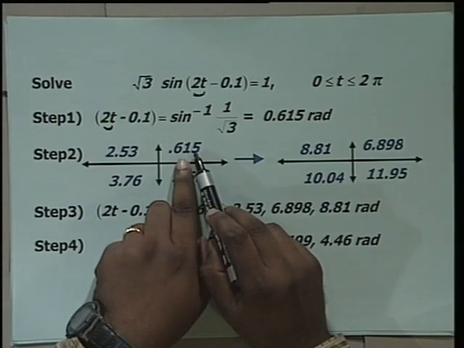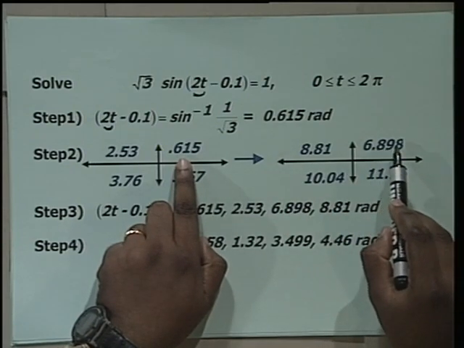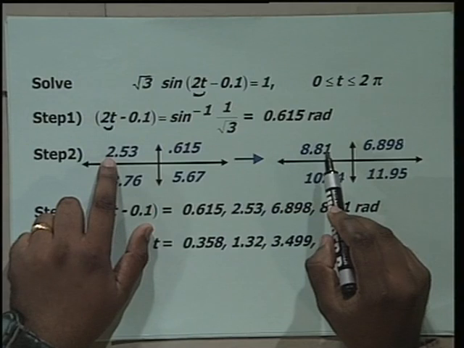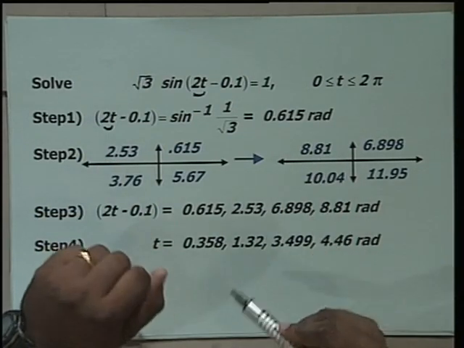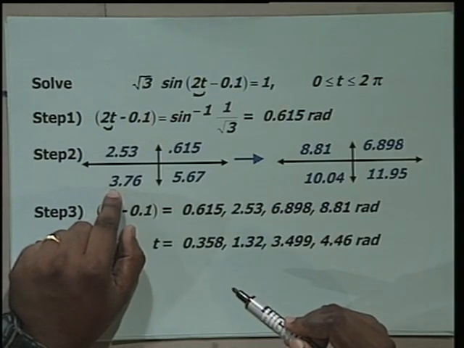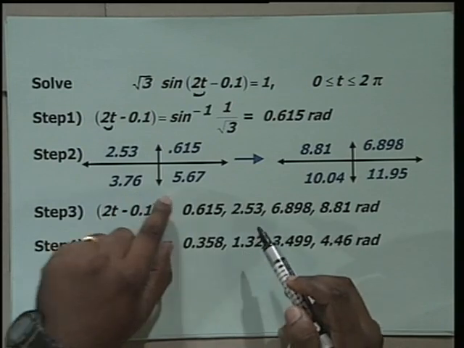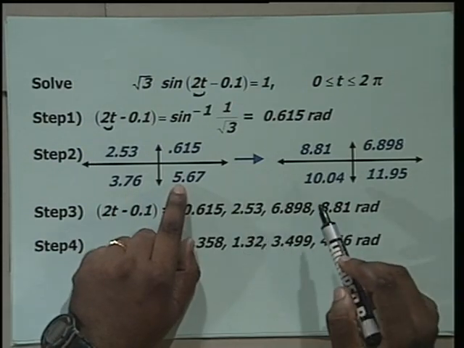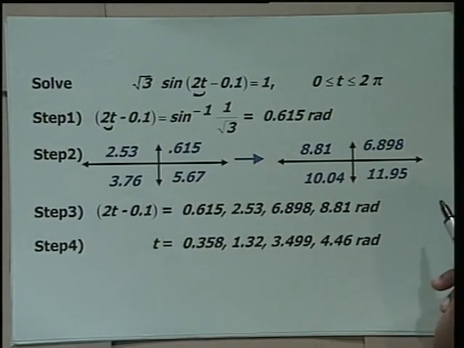So 2 pi plus 0.615 is 6.898. 2 pi plus 2.53 gives us 8.81. 2 pi plus 3.76 gives us 10.04. And 2 pi plus 5.67 gives us 11.95.